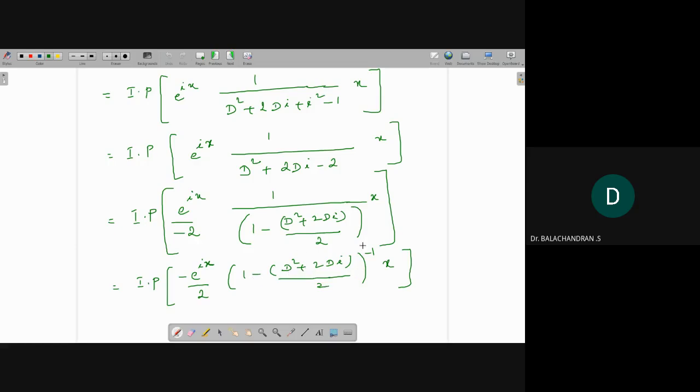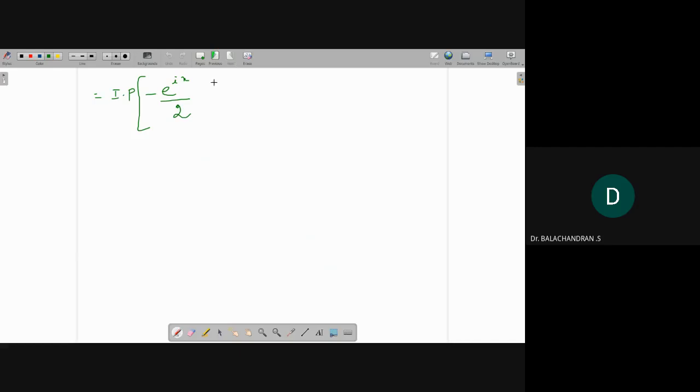So 1 minus x whole power minus 1 gives 1 plus x, here the power is 1. So I think you can stop here up to x. Okay, 1 plus x. What is x? D square plus 2Di divided by 2 into x.